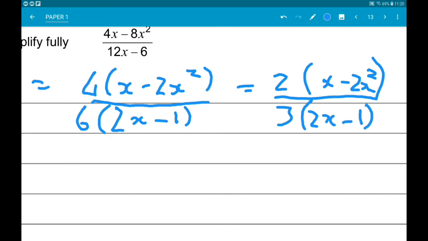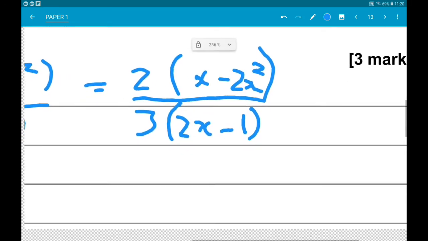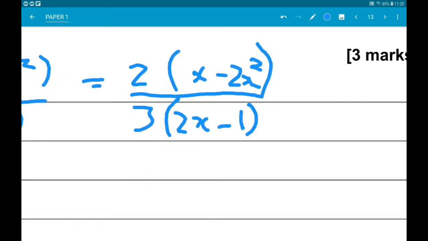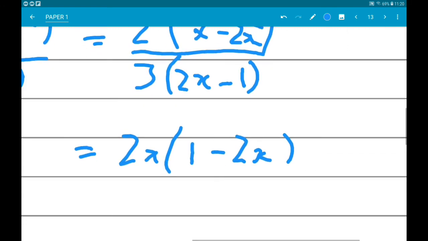Now up on top, there is still some factorising we can do. Inside the bracket, there is a common factor of x. So if we take that out, we get 2x times 1 minus 2x. And then on the bottom, 3 over 2x minus 1.